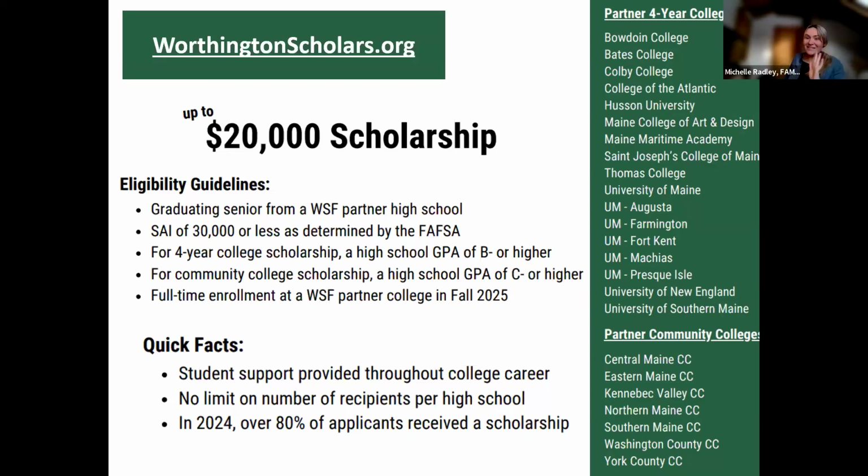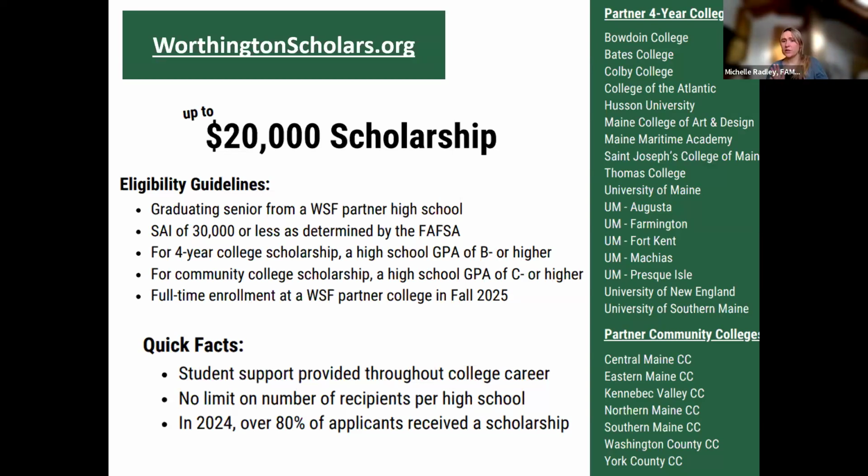It's such an awesome thing. I really want to make sure students get access to that. A couple of quick pieces: the importance of a student attending a partner high school, as well as partner colleges. Partner colleges are listed on the right-hand side there.